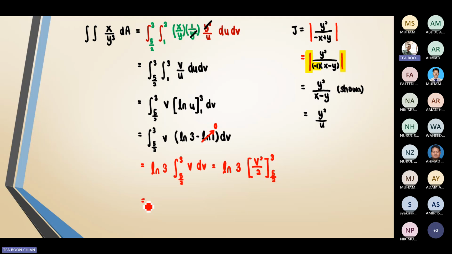So from here, I will go slightly quickly because this is just some simple computation that you have done many times before. Substituting 3 inside, 3 squared over 2 is 9/2. Minus, substitute 5/2 inside. 5/2 squared is actually 25/4, over 2.